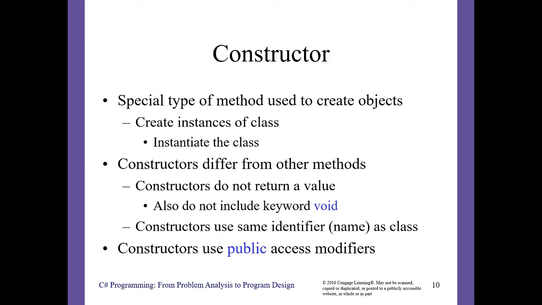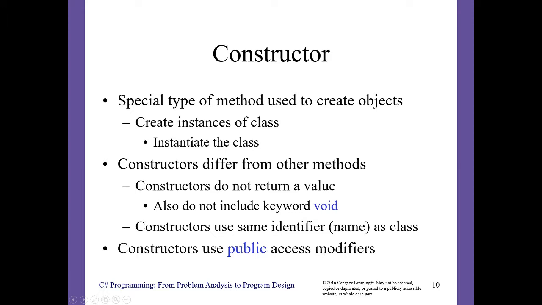So a constructor is just a method. It doesn't differ very much from any other method, except that it doesn't have a return value. So it doesn't include the word void because it just doesn't include a return value. Constructors have to be named exactly the same thing as our class, and constructors are public.